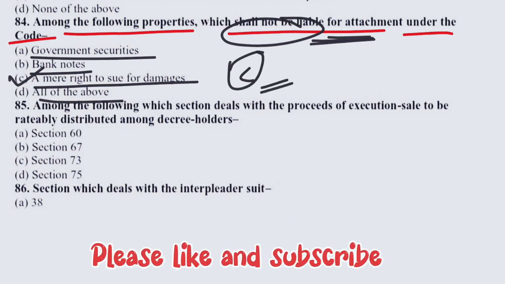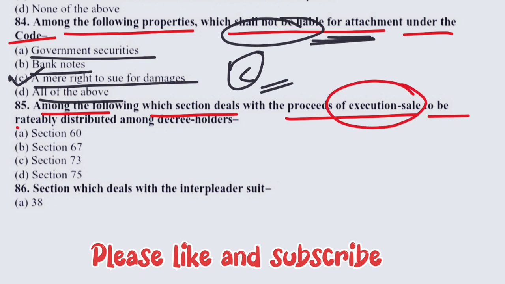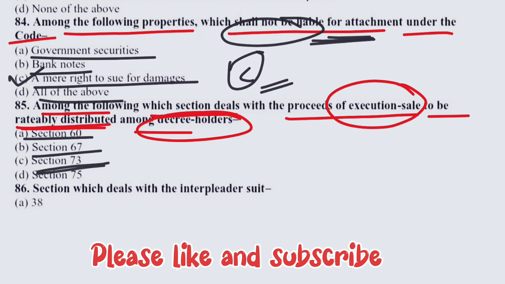Okay, now to the next question. Among the following, which section deals with the proceeds of execution sale to be ratably distributed among the decree holders? Options are section 60, section 67, section 70, section 73 and section 75.